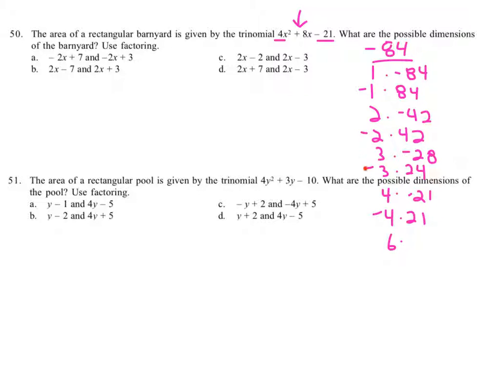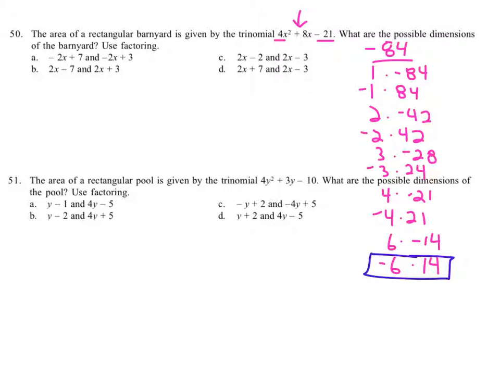I can double 3 to 6, and I can take half of negative 28 to be negative 14. Those actually add up to negative 8. If I had the signs swapped, a negative and a positive, that would be the 8 that I need. So I'm going to box that out and say that's the set that we're breaking this down to. And yeah, 84 is a big number, so that breaks down a bunch of different ways.